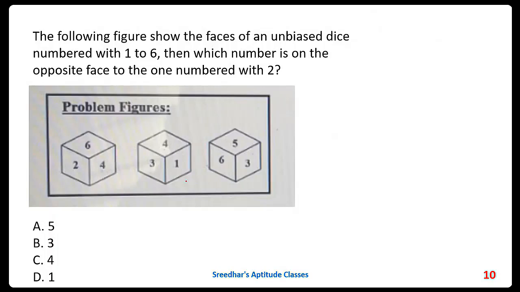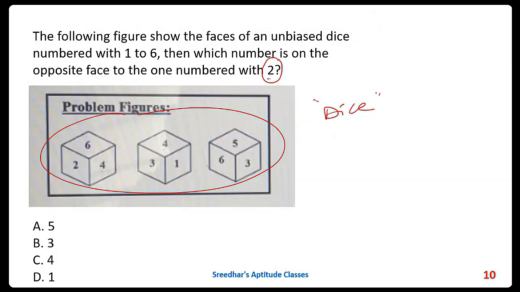This is from dice. In the following figure, these are the three different views of the dice. Using these, find out what is opposite to the face which is opposite to the face with 2.